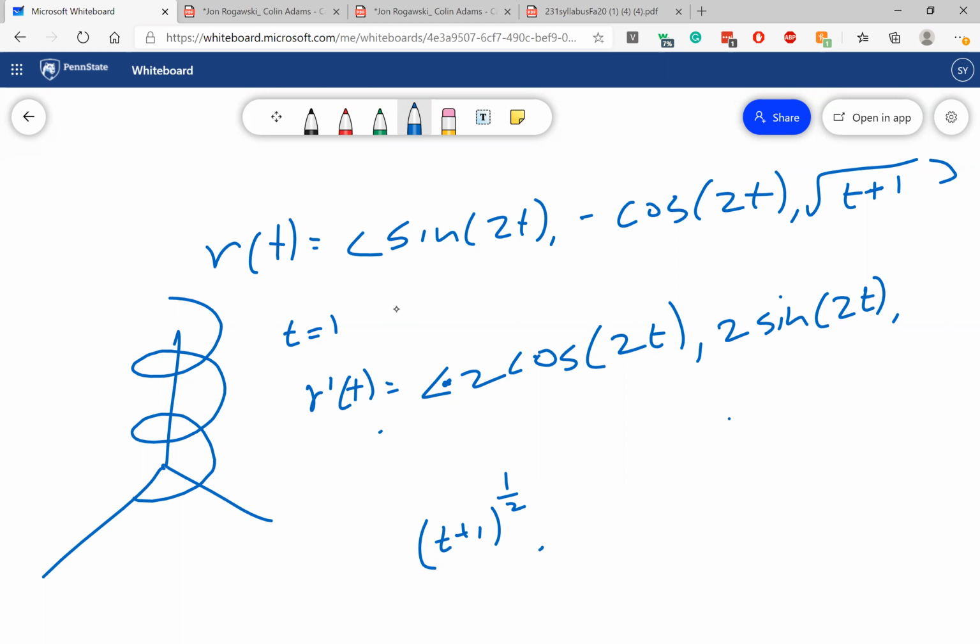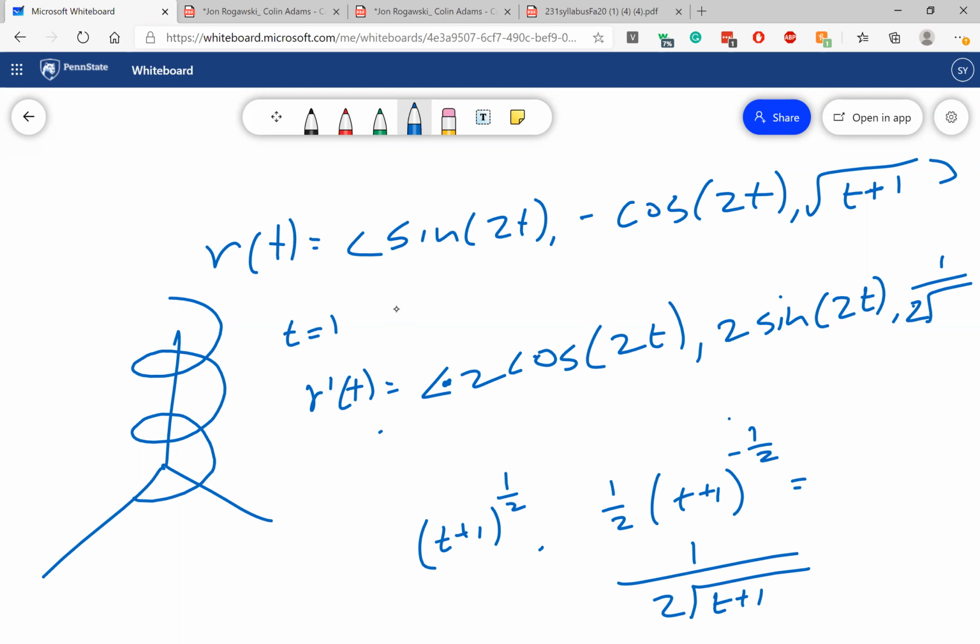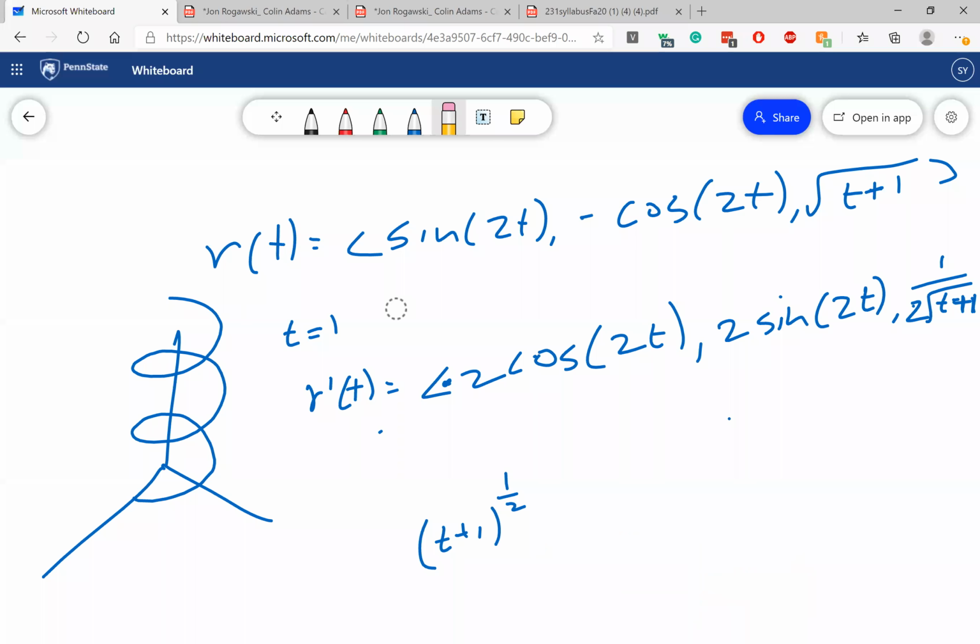So the derivative is going to be 1/2 times t plus 1 to the negative 1/2. That would be equal to 1 over 2 square root of t plus 1. So this would be our velocity vector.